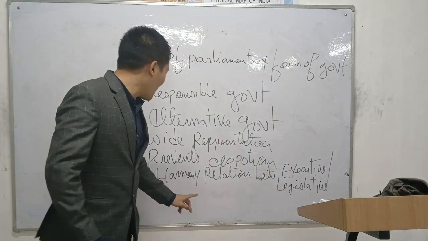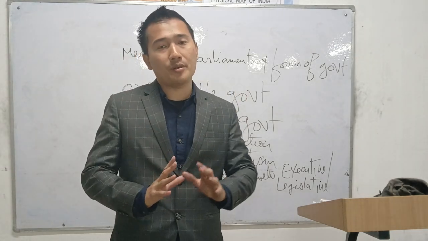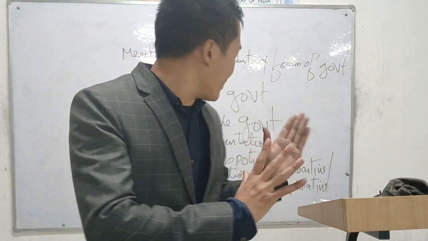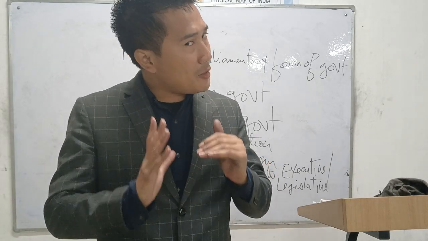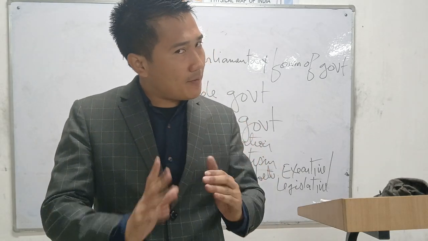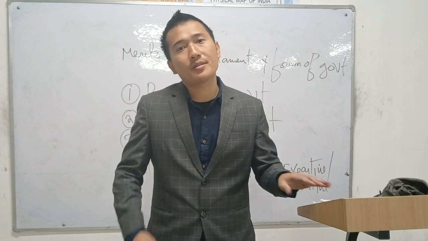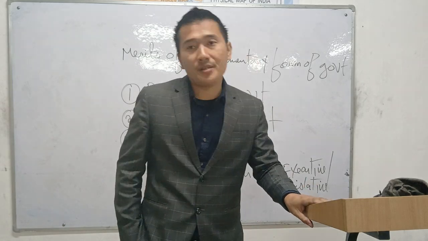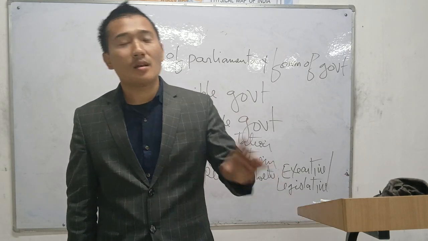Too important. Last is harmony, which means the peaceful coordination, the relationship between legislative and executive. What is that? Harmony, the relationship between legislative and executive. That means the ministers. When you become a minister, you are known as political executive.